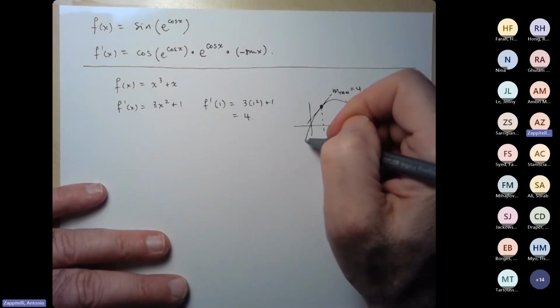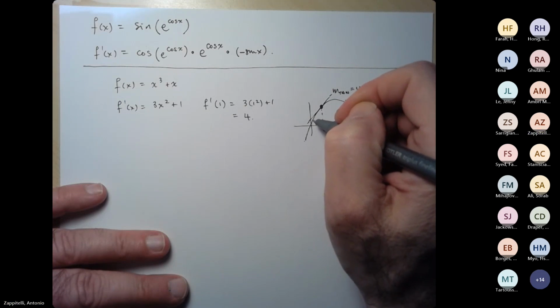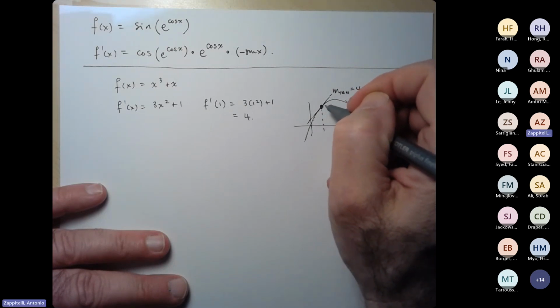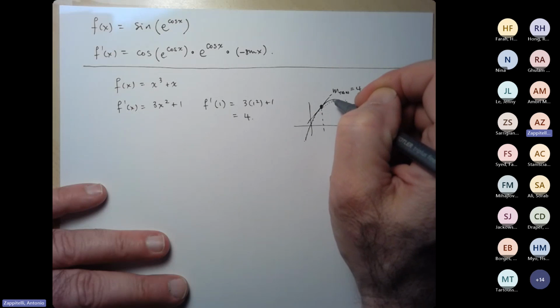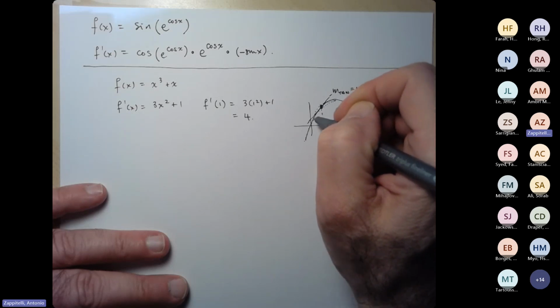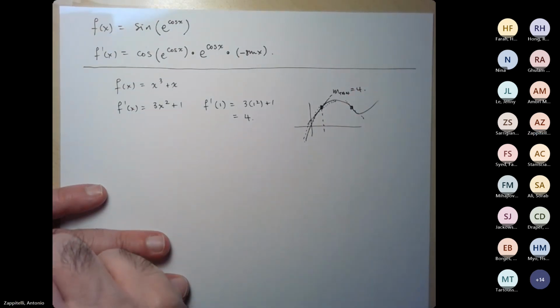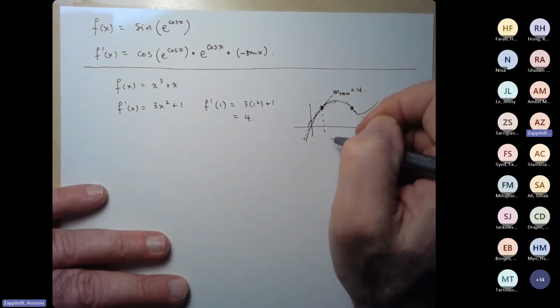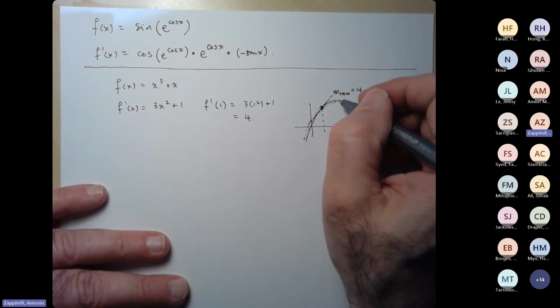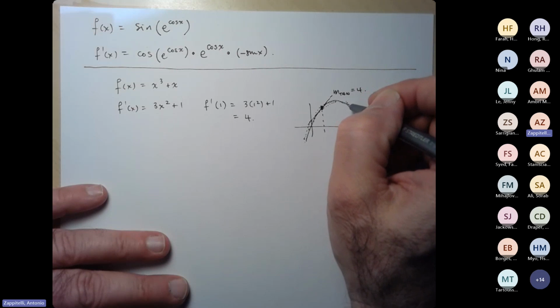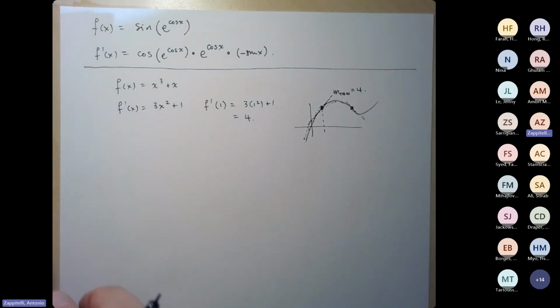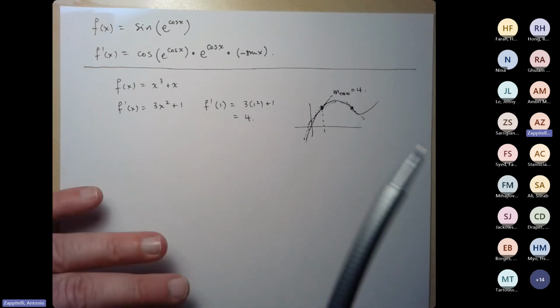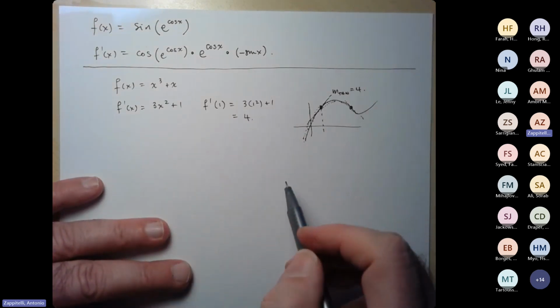So what would happen at each of these points, given that the function is increasing? What can you tell me about the derivative at each one of these points in this interval? It's positive. And then you realize, oh, wait a minute, that means that wherever the function is decreasing, the derivative must be negative. And so this is how you can determine when a function is increasing or decreasing.